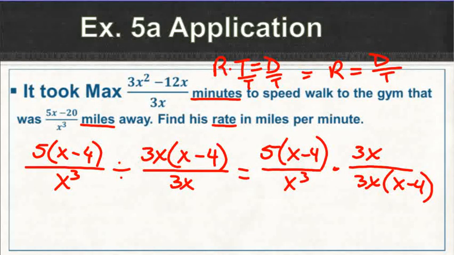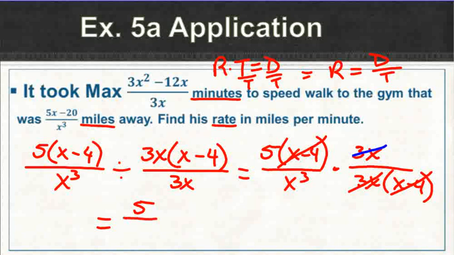Now I can check to see what's in common that can cancel each other out. I have 3x in the numerator, 3x in the denominator. I have an x minus 4 in the numerator, x minus 4 in the denominator. All I have left for my answer is 5 divided by x cubed miles per hour.